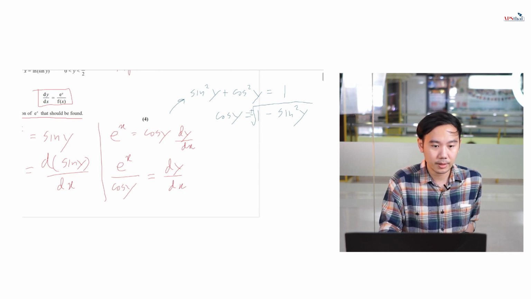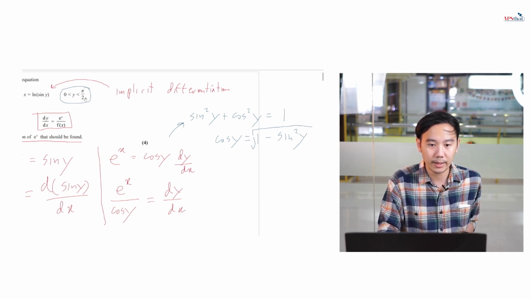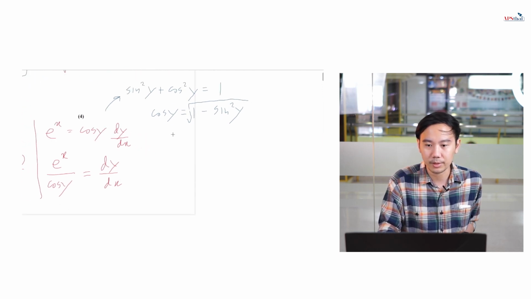But since y only exists in the first quadrant right here, I don't have to consider that it could be negative, so I can just forget about that in this case, and that's why this domain of y is important in this question.